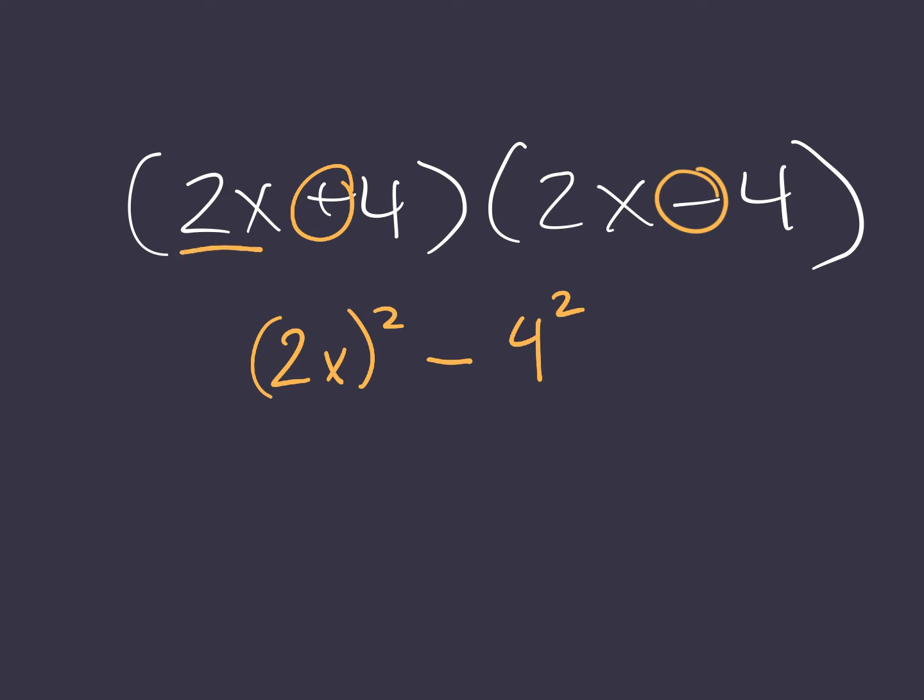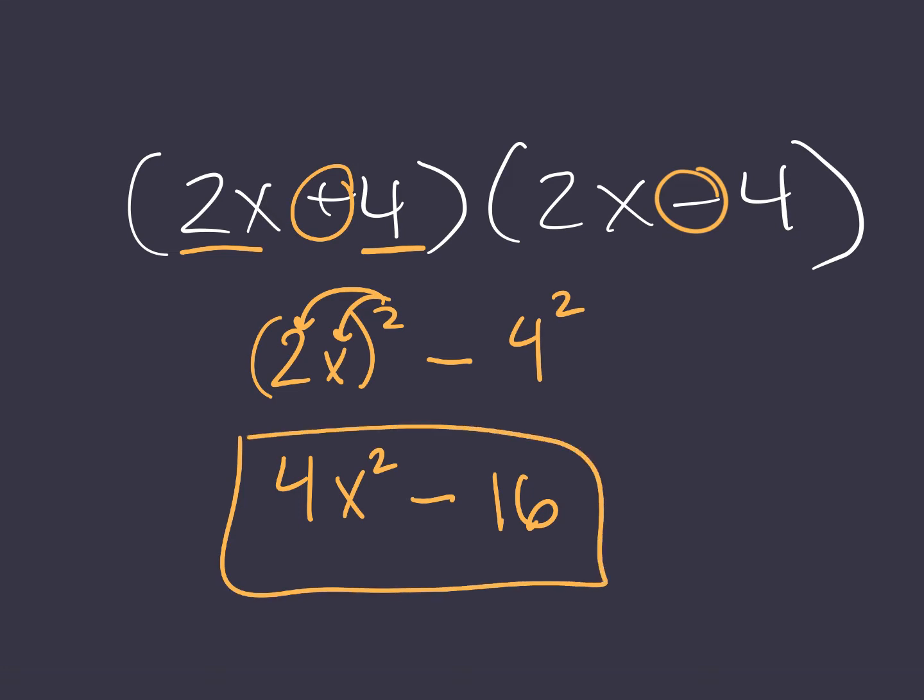So it's just this term minus this term squared. So how do I square 2x? Distribute. So 2 squared is 4, and then x squared is just x squared. And what's 4 squared? 16. So 4x squared minus 16.